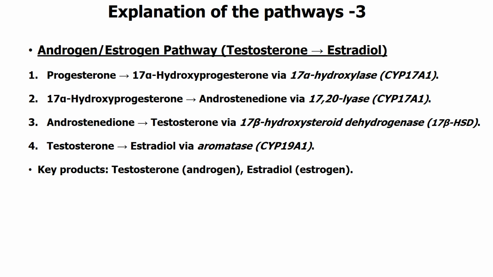The androgen and estrogen pathway is the pathway leading from testosterone to estradiol. This is a pathway we have seen before, on the other slide. This is just by way of bringing out the specific pathway for your notification and learning.